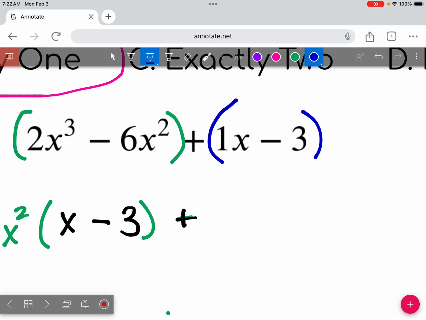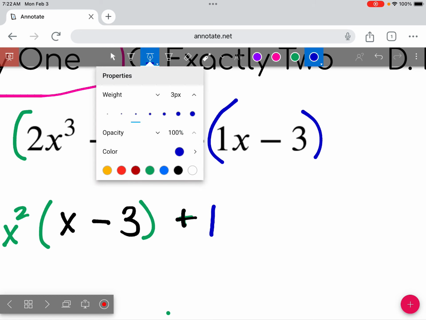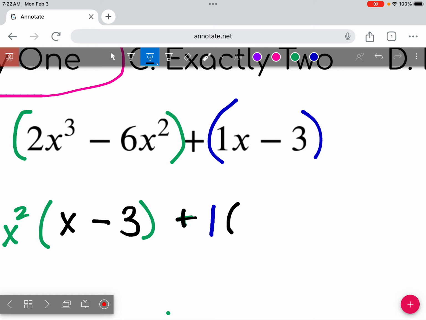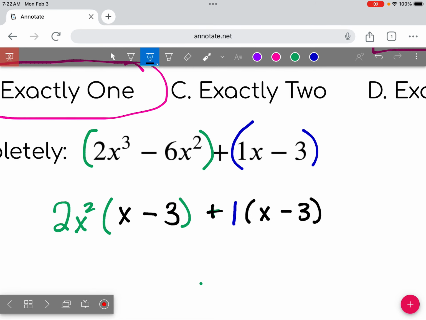What things multiply to make a 1? 1. And what things multiply to make 3? Only things that multiply to make 3 are 3 and 1. So the thing we said in both lists was a 1. So they have a 1 in common. And that's going to have us leave a leftover of 1x minus 3. That's what we're looking for.